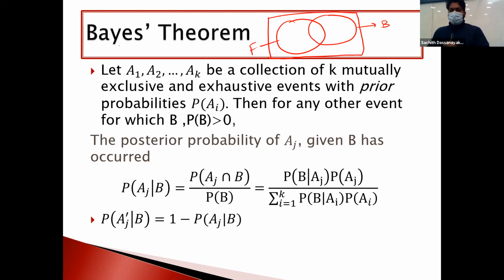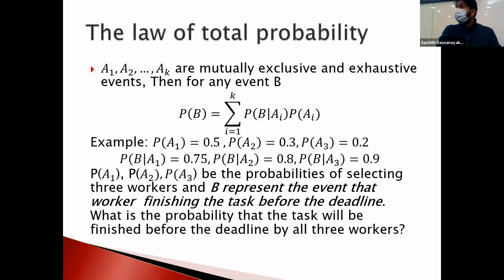Anyway, right now we have to learn this Bayes' theorem. This is really important. First check this one: probability of Aj given B. You know how to expand that using conditional probability: probability of Aj intersect B divided by probability of B. Last slide you learned the law of total probability, right?